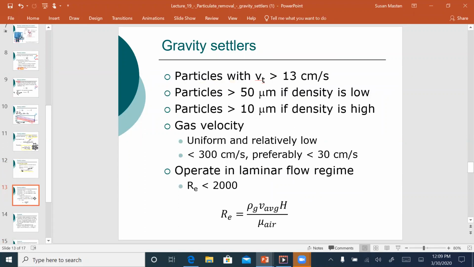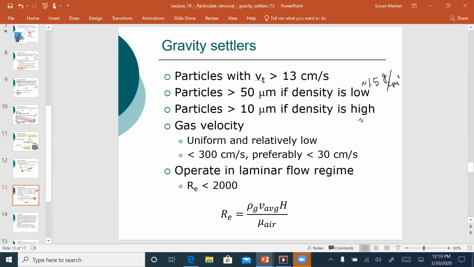So where we typically use gravity settlers are with particles that have a terminal settling velocity greater than about 13 centimeters per second. You can use it for particles greater than 50 microns if your density is low, about 1.5 grams per centimeter cubed.